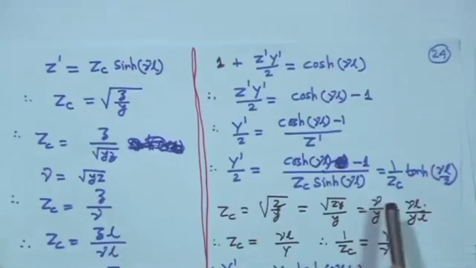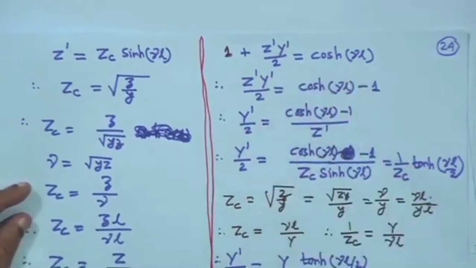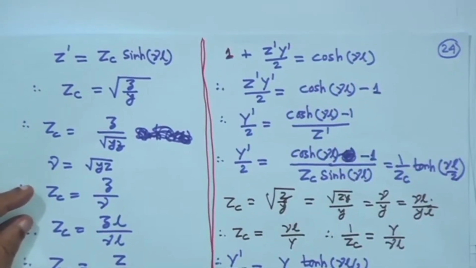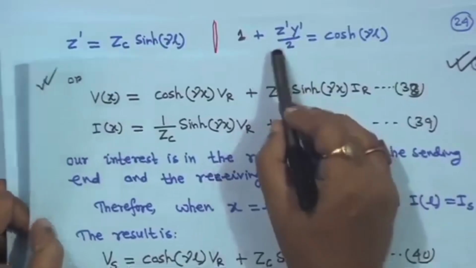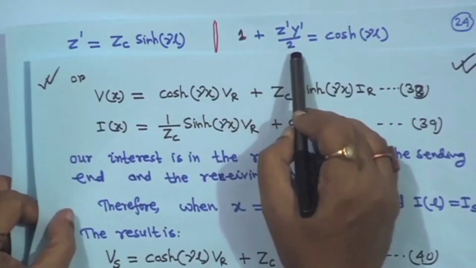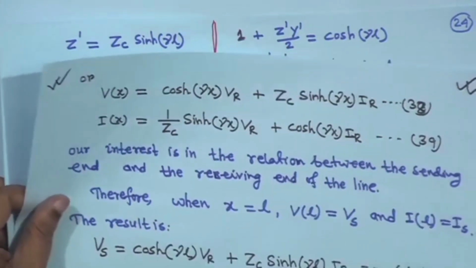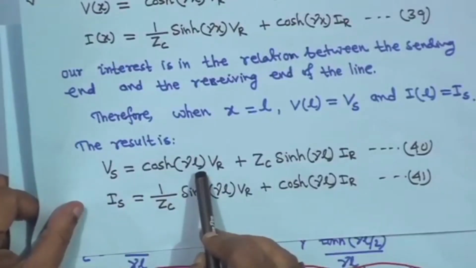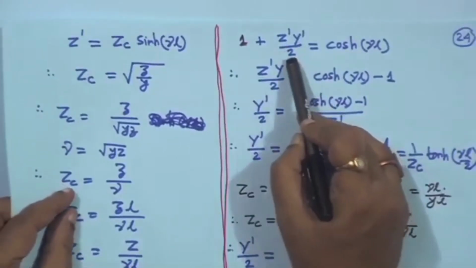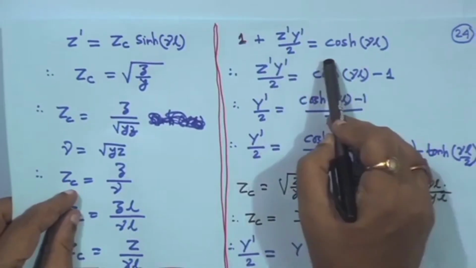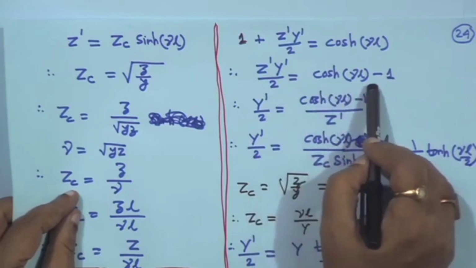Similarly, from that relationship we know 1 plus Z dash y dash by 2 is equal to cosh gamma L. If you look into this expression for the ABCD parameters, A is equal to 1 plus Z dash y dash by 2, because you want to represent the equivalent pi, and A is equal to cosh gamma L. Therefore, 1 plus Z dash y dash by 2, that is A actually, or A dash rather, is equal to cosh gamma L. Therefore, Z dash y dash by 2 is equal to cosh gamma L minus 1.